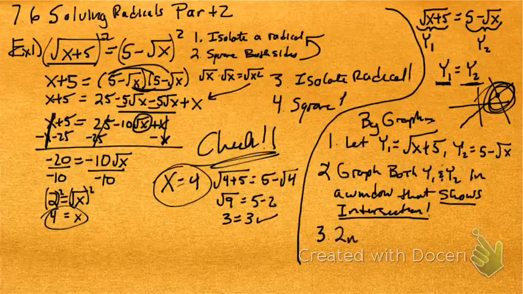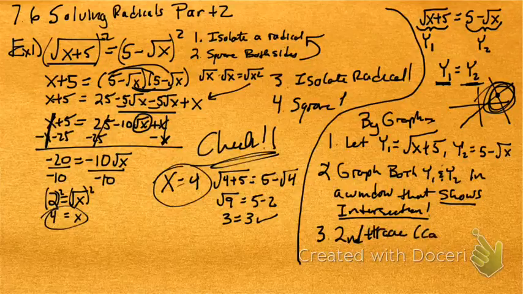We're going to hit second plus the trace button, which is the calculate menu, and you're going to choose number 5, which is intersection.